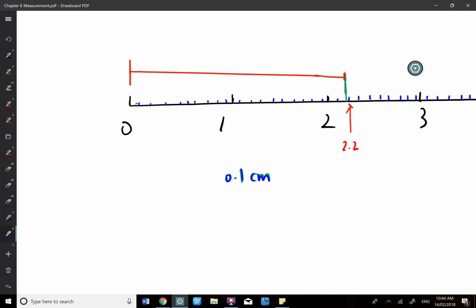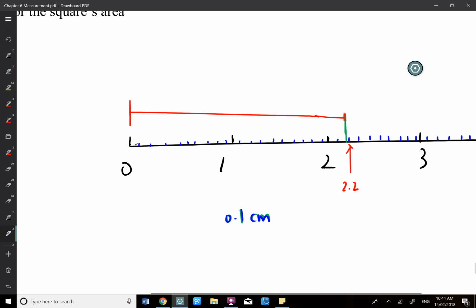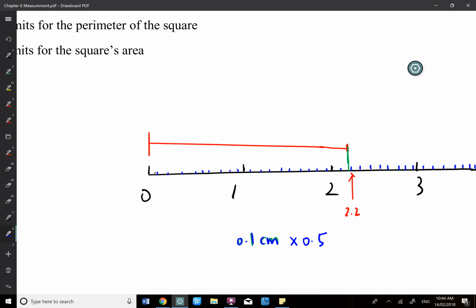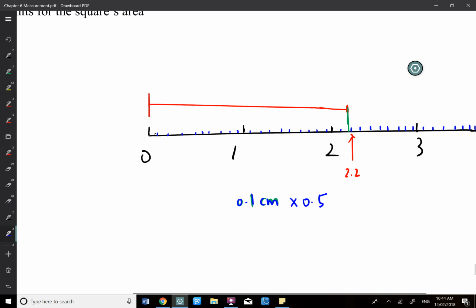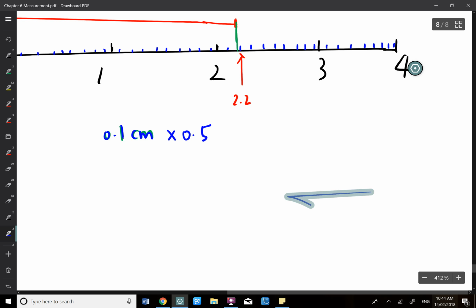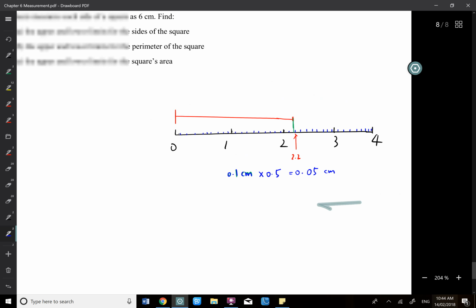So you have a range of values: the boundary is the smallest unit times 0.5, which is 0.1 times 0.5, that is 0.05 centimeters.